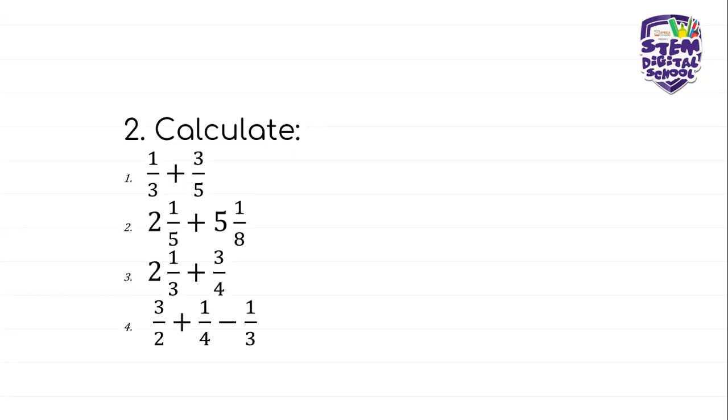The first things first, you can see that you have to multiply 5 by 2. 5 times 2 is 10, sorry. 10 plus 1 is 11. So you have 11 over 5 plus, if you multiply 8 by 5, you get 40.